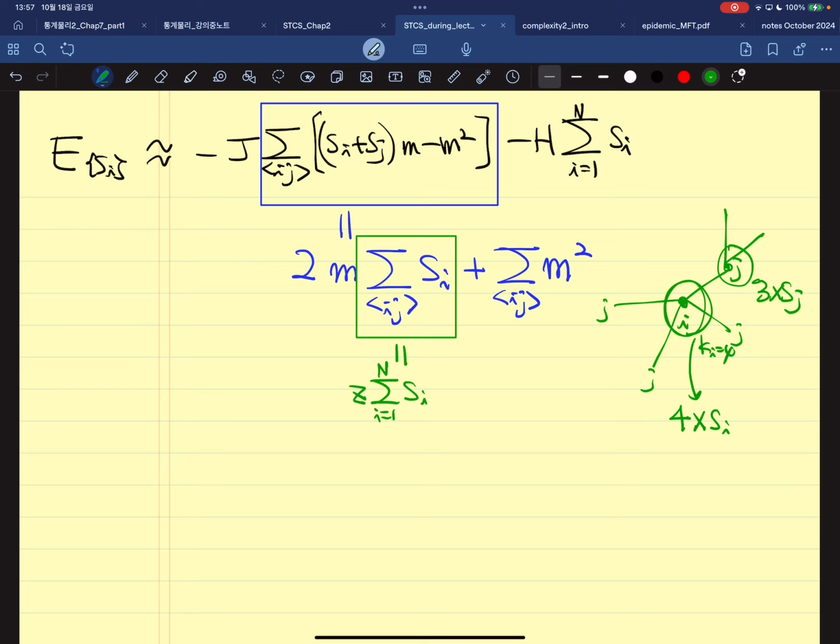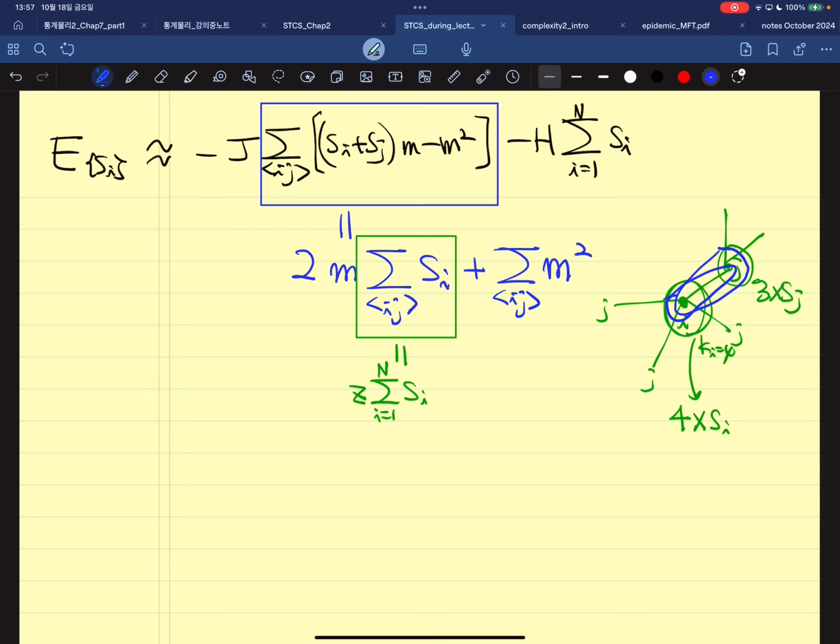But in this case, the problem is that this summation happens from the viewpoint of I, but is also done from J's point of view as well.